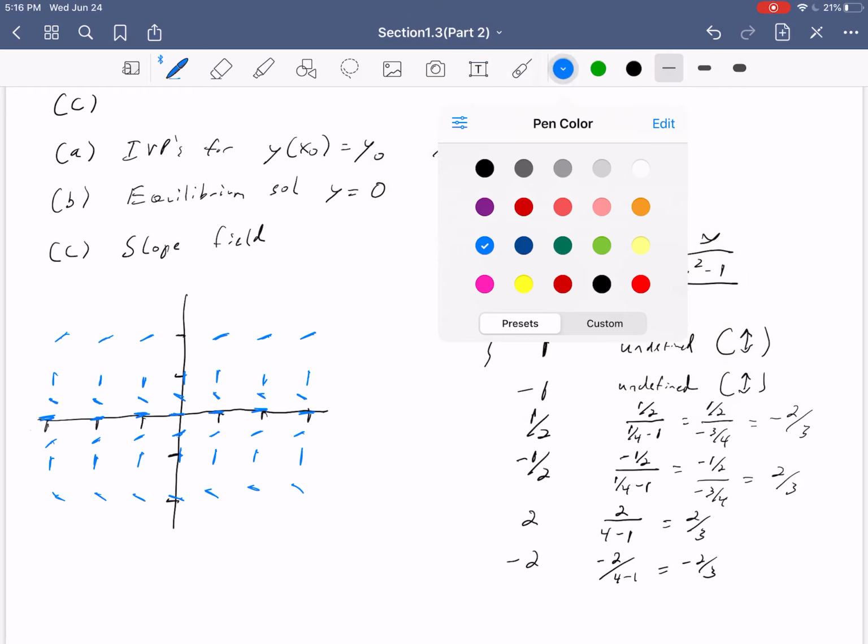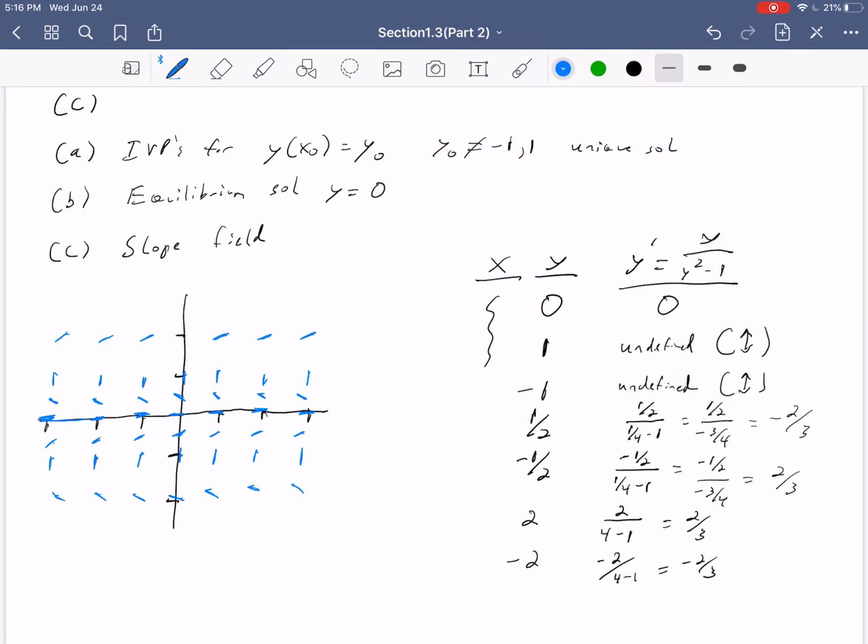Well, we know that this is going to be an equilibrium solution, so we can fill in this guy here. Can anything cross this equilibrium solution? Well, this equilibrium solution is at y equals 0, which means that it's away from -1 and 1, so things have to be unique. So they can't cross into there.